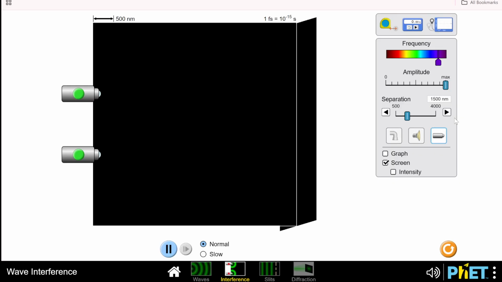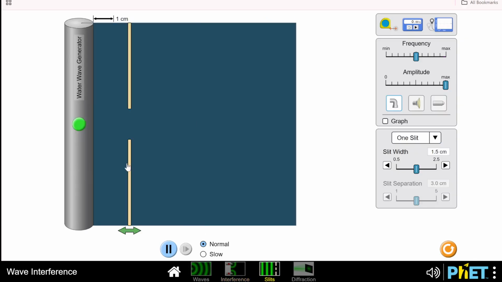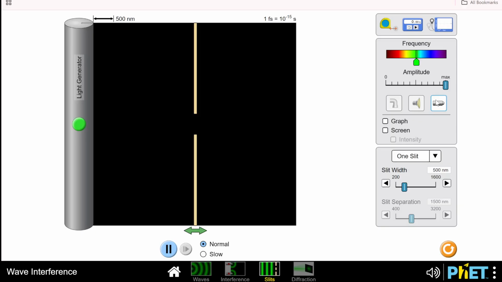I need double slits, and let's put the slits here. I want 2 slits, a little bit of slit width, and I need a screen. We're not using the graph so much right now, so let's just use lasers.